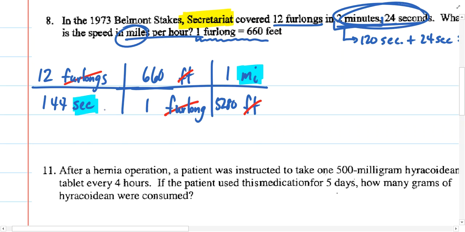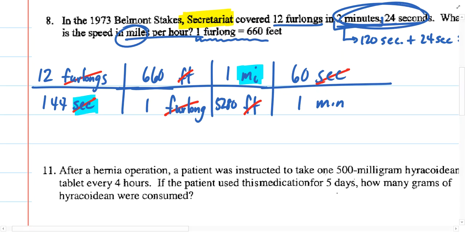So I'm going to add to it this notion of, well, there are 60 seconds in 1 minute, and I'm putting the seconds on top this time to cancel with the seconds on the bottom down here. And one more conversion to complete the work. We have 60 minutes in 1 hour, and I'm doing that because I need this minute unit to cancel with that minute unit.